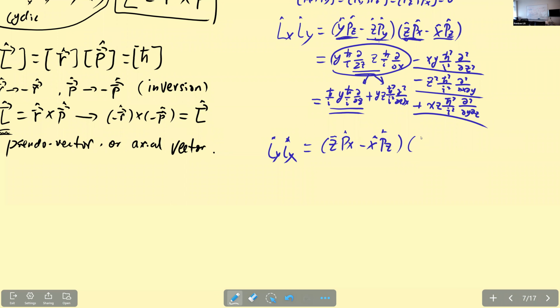Okay. And then Y Pz minus Z Py. Okay. So again, you can look at the terms that commute, right? So this one and this one commute. This one and this one do not commute, and this one commute. Do not commute. Okay.